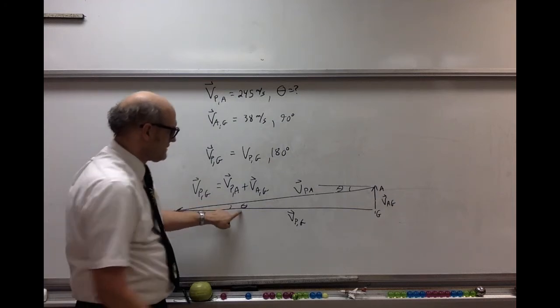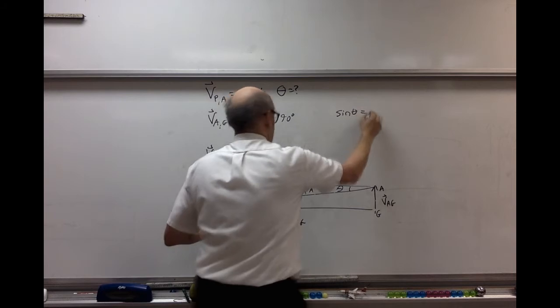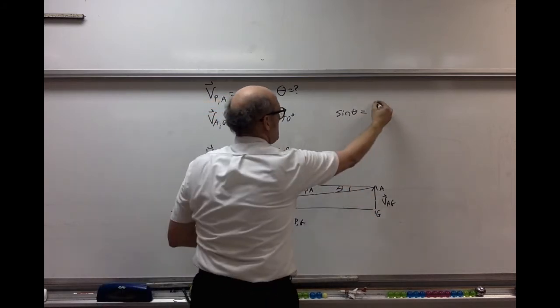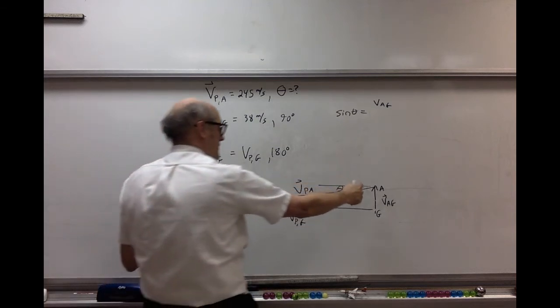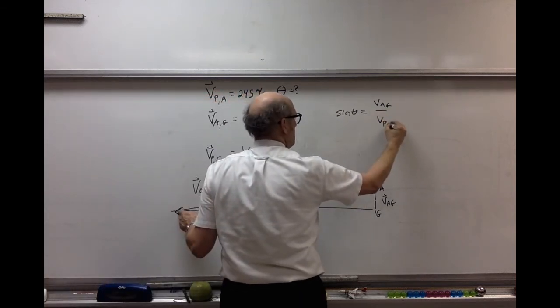If I take the sine of this angle, theta, that should be equal to the side opposite, which is in this case VAG, divided by the hypotenuse, which is VPA.